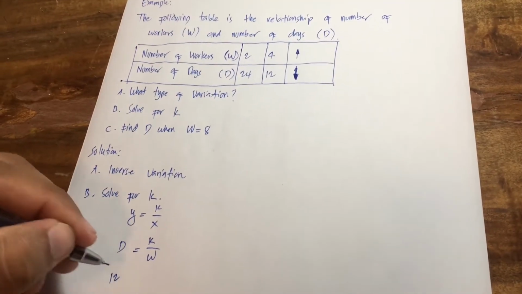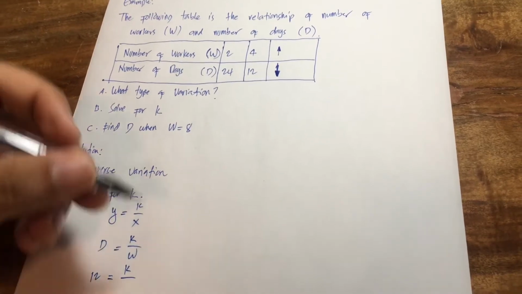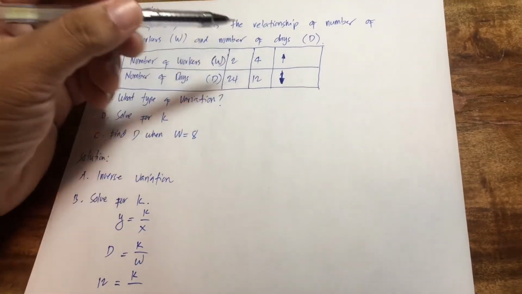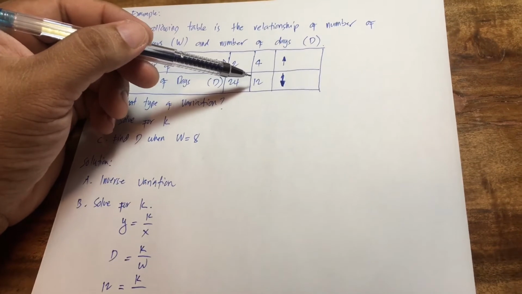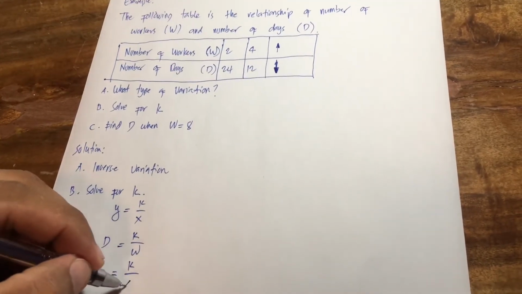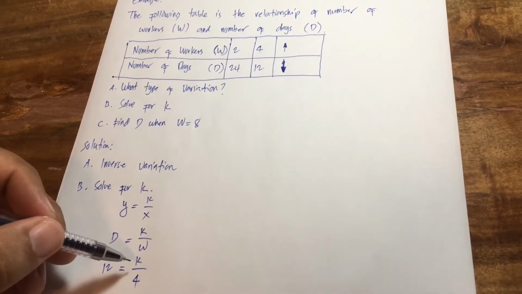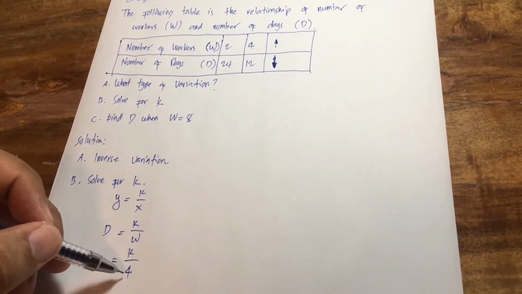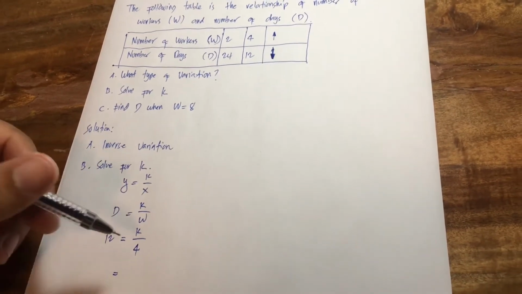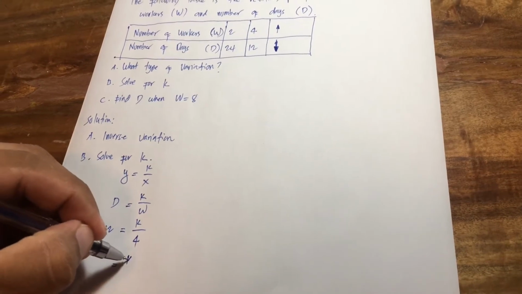So here 12 equals k over w, and our w is 4. Okay, since we are solving for the value of k, we will eliminate 4 by the multiplication property of equality. We have here k over 4.